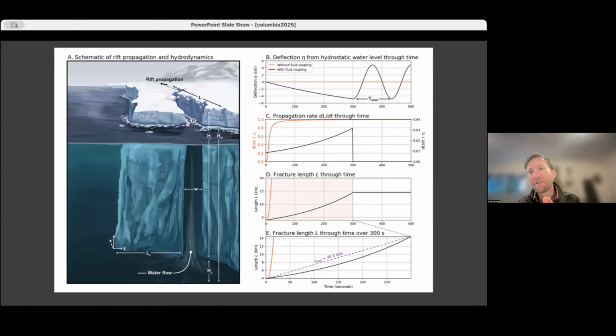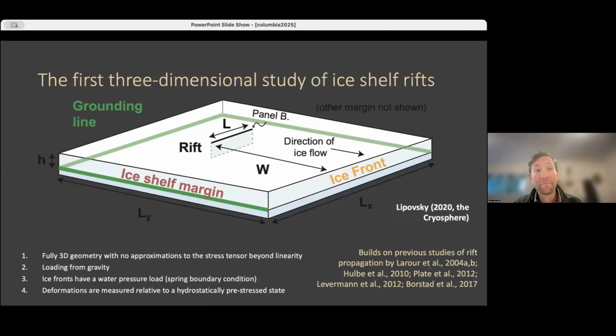And so if the rift opens too fast, there's some lag time. There's some inertia in the system. It takes time for the water to flow in. And this actually creates surface waves and sloshing frequency. So we're able to model the slow 35 meter per second rift propagation speed with a simple ODE model. It's really cute. I'm quite proud of it. That basically models the flow of water into the rift.